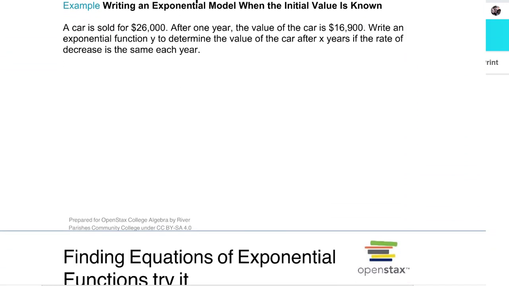All right, so a car is sold for $26,000. After 1 year, the value of the car is $16,900. Write an exponential function y in terms of the value of the car after x years if the rate of decrease is the same each year. So we start off with f of x equals a times b to the x, or y equals a times b to the x. And our initial value is 26,000, so that's our a.